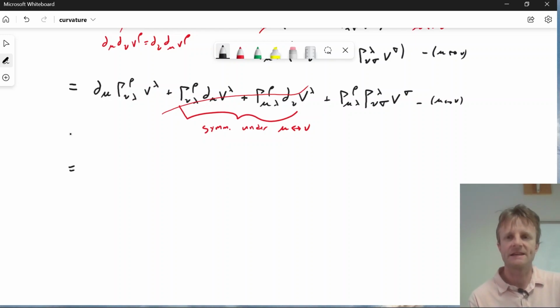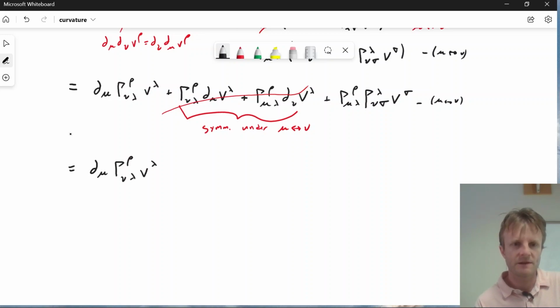And now we have our final expression. I'll go ahead and add in the minus mu goes to nu terms. So we'll have del mu gamma rho nu lambda v lambda minus del nu gamma rho mu lambda v lambda.